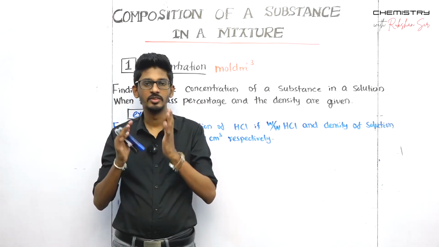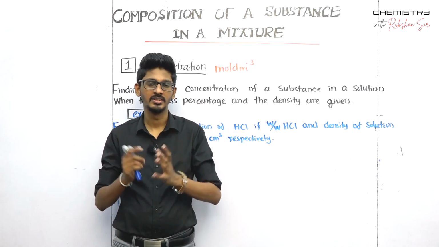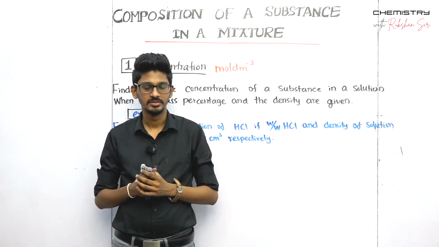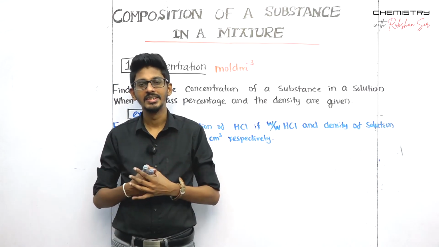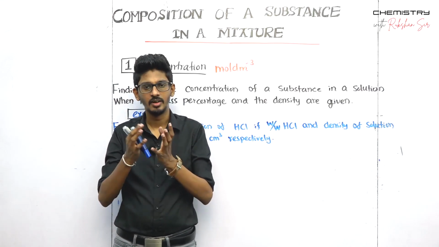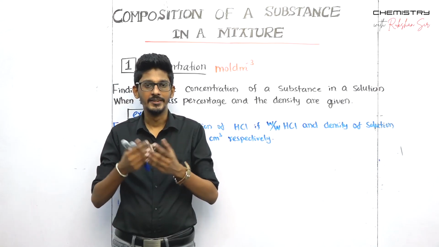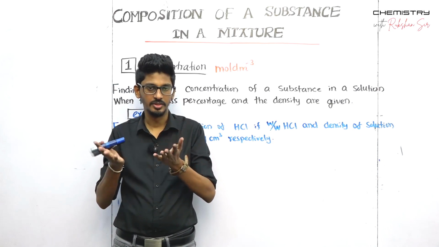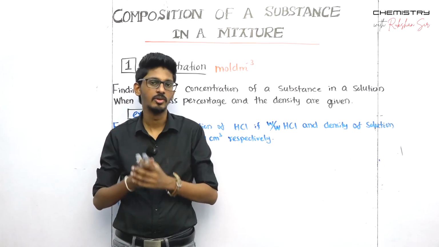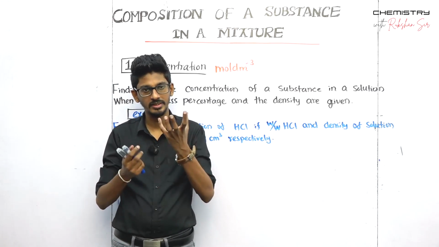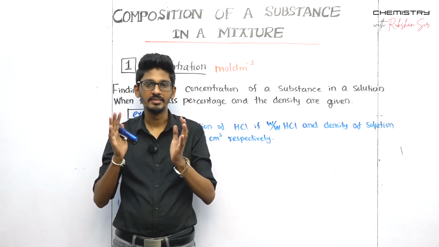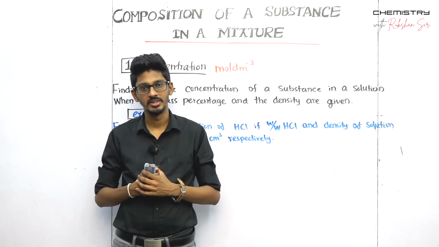So the density of the solution as well as the weight percentage of the solute will be given. Normally in concentrated H2SO4 bottles, concentrated HCl bottles, as well as concentrated nitric acid bottles, that is the way of representing the composition.